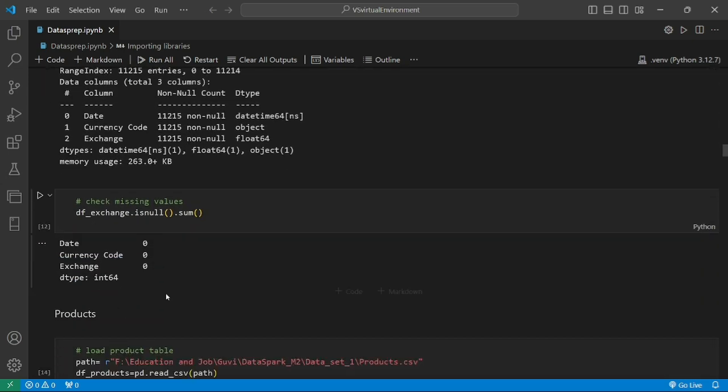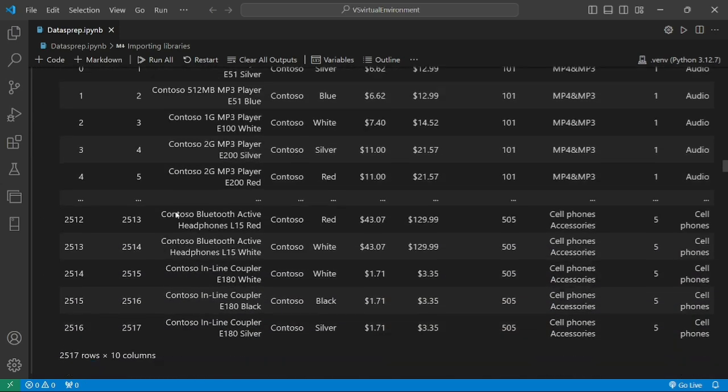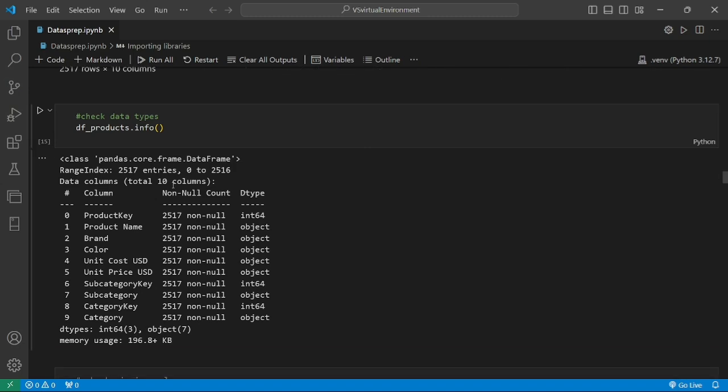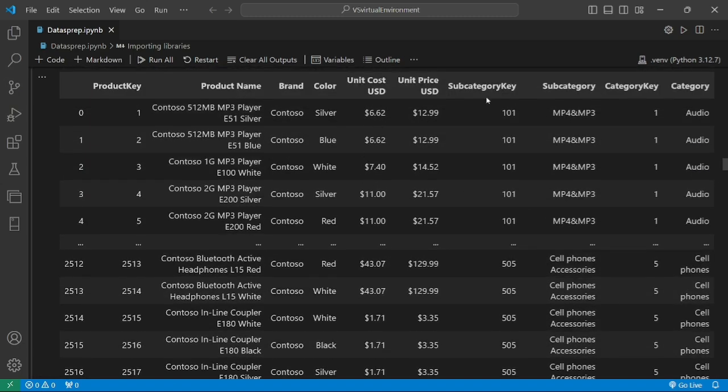Now the next, the product CSV file. We are loading the CSV file, and if you analyze what we need and what we don't need, you can see we don't need a subcategory key because we already have a category key.